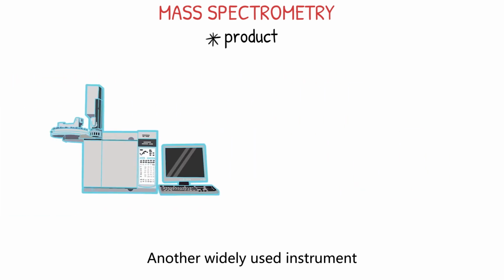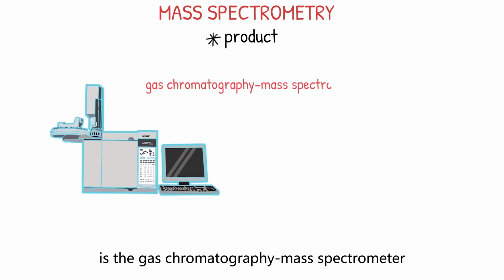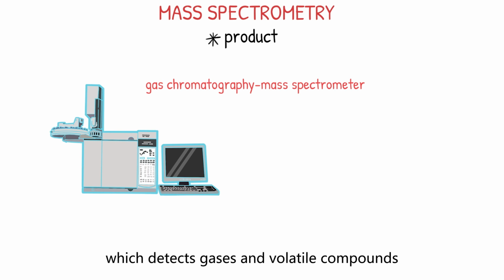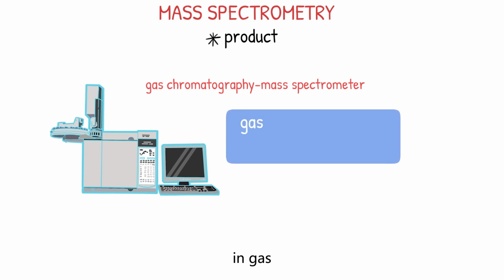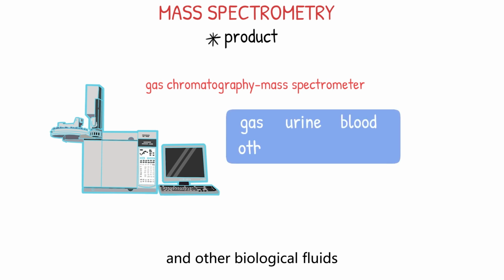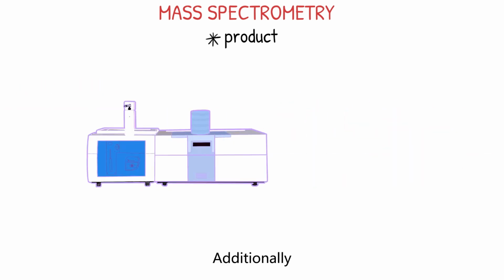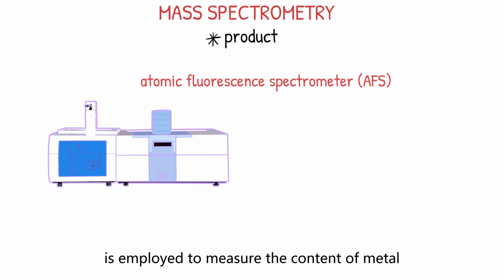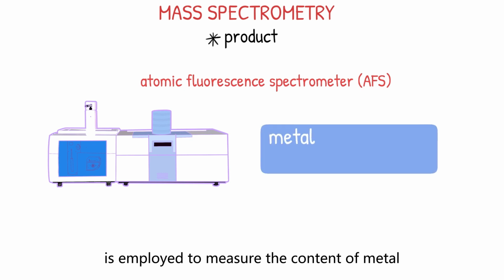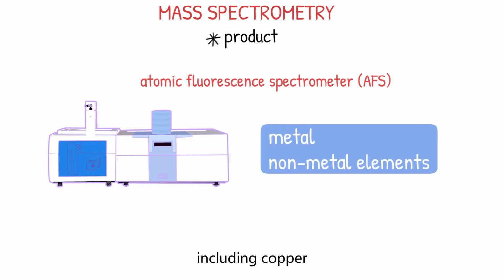Another widely used instrument is the gas chromatography mass spectrometer, which detects gases and volatile compounds such as organic compounds in gas, urine, blood, and other biological fluids. Additionally, the atomic fluorescence spectrometer, or the AFS, is employed to measure the content of metal and some non-metal elements including copper, iron, zinc, selenium, and lead.